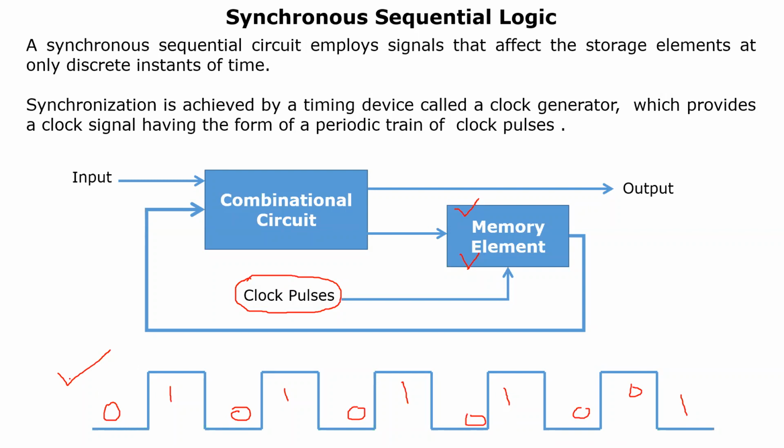At one particular point, let me consider this area. At this place, what is the state of your memory element? You need to calculate that. At this particular point, what is the state of your memory element? You have to calculate it here. So something like this, it will be able to connect here. So this is the way.